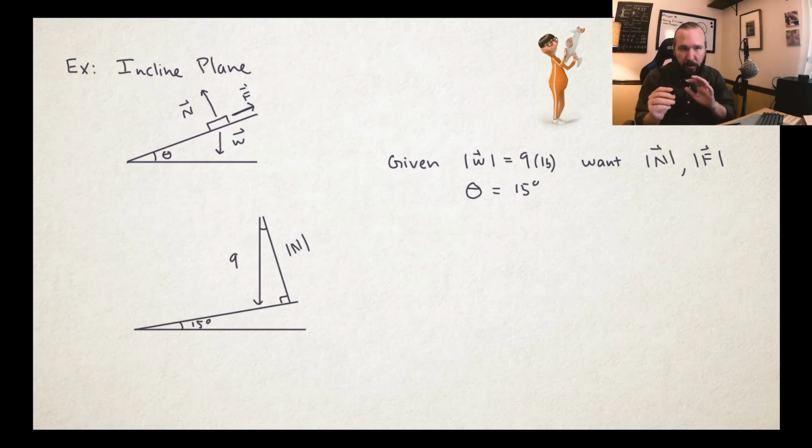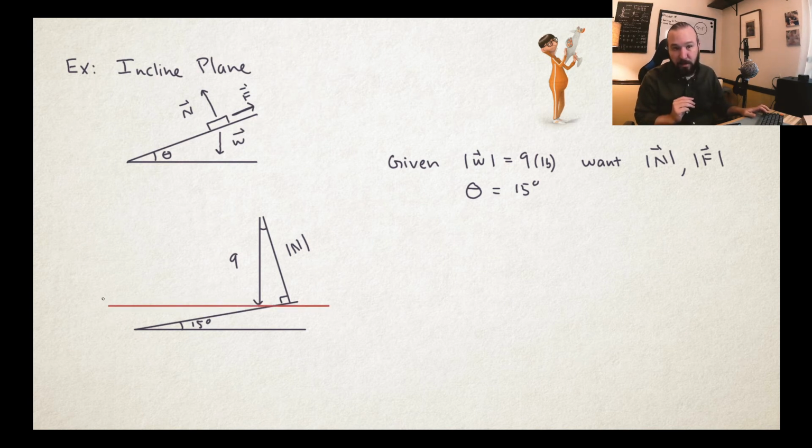Okay, so here's how I figured out what angle goes up into that corner. The first thing is, let me draw this horizontal line right there. The line that I just drew is horizontal, and this line right here is horizontal. That means this angle right here must be the same as that angle right there, because of parallel lines and a transversal. So this little skinny angle right there has to also be 15 degrees.